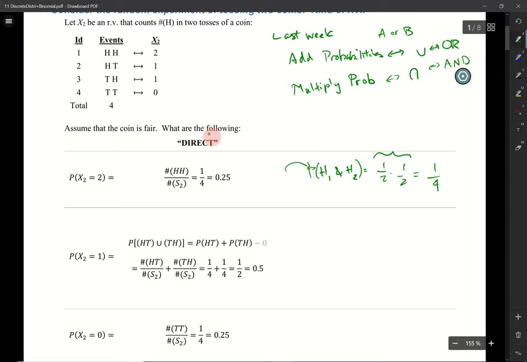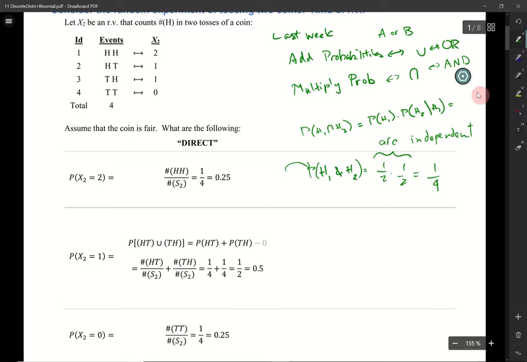Because these are independent. Remember, really, if you have the probability of H1 and H2, you should do the probability of H1 times the probability of H2 given H1.